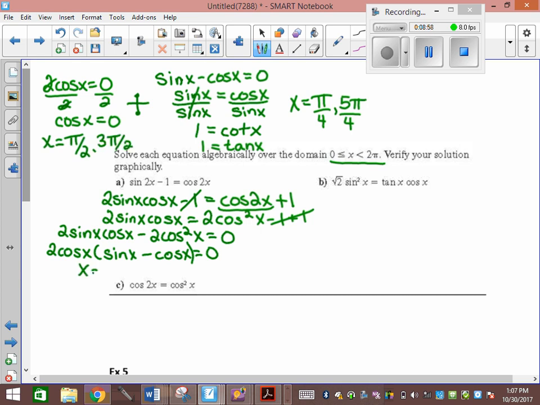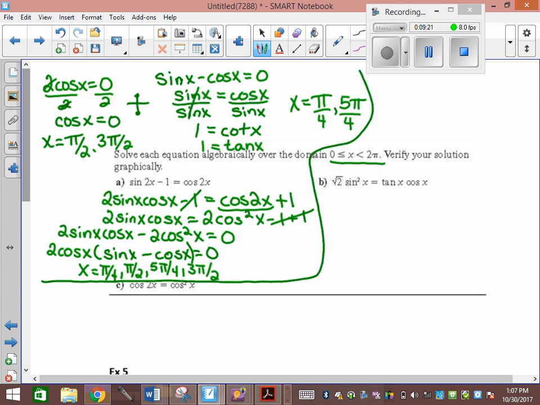So x = π/4, π/2, 5π/4, and 3π/2. I just like putting them from least to greatest, but it doesn't matter. So that would be your solution to that one.